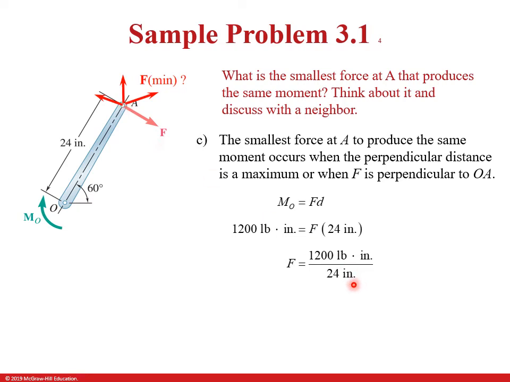And that becomes 50 pounds. So 50 pounds is the smallest force you need to produce the same moment, and it has to be acting perpendicular to the shaft of the lever arm, I guess.